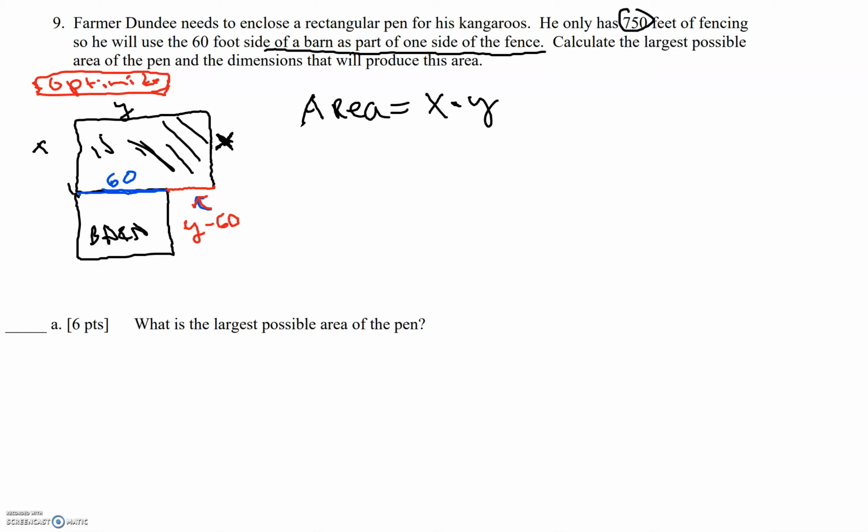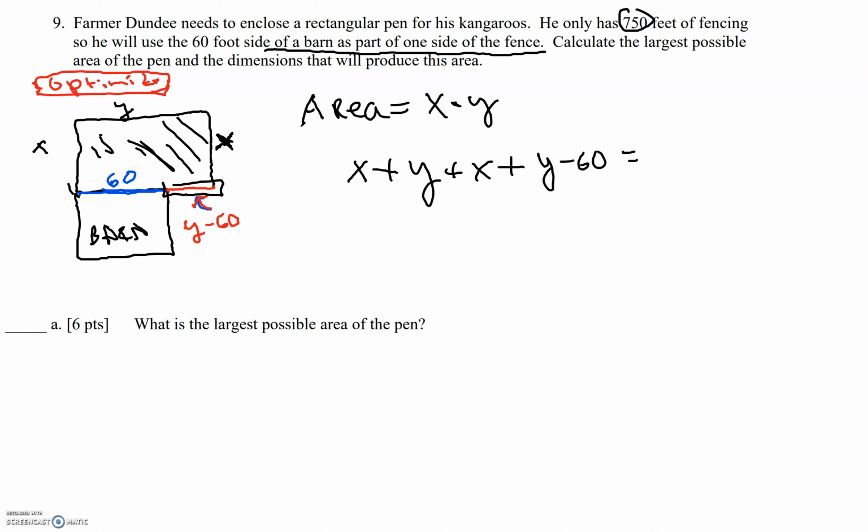So we know that the total fencing is 750 feet. The perimeter has got to add up to that 750 feet. So let's just go around. We've got x plus y plus another x, and then this last portion right here is going to be y minus 60.